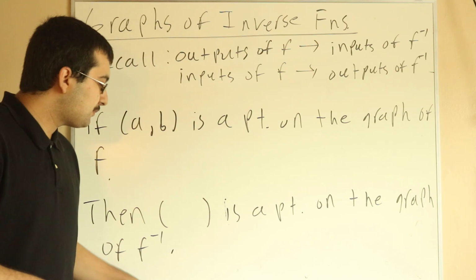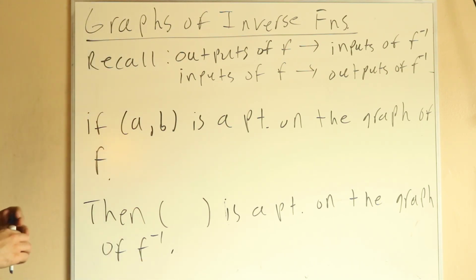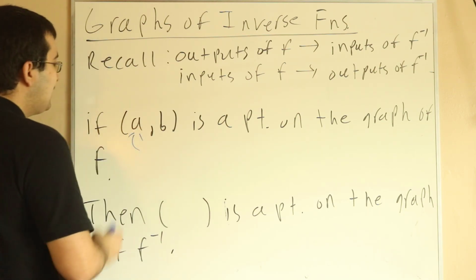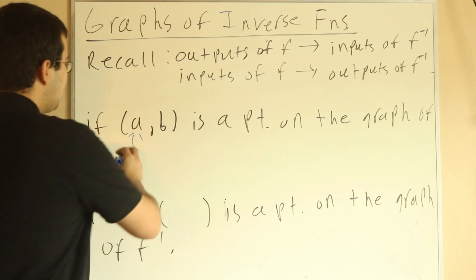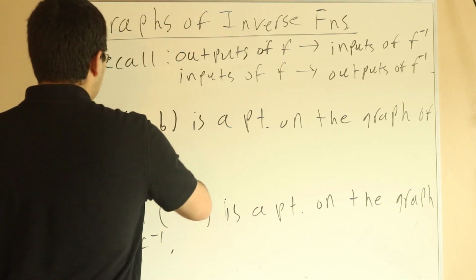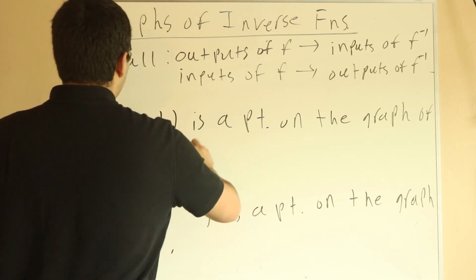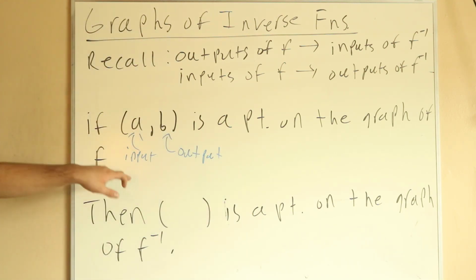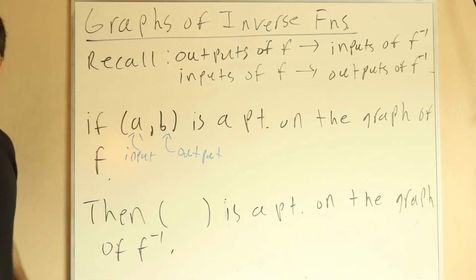Okay, so going back to it, we have this point (a, b). It's a point on the graph of f, right? And we remember that for all points, the x value is our input and the y value is our output. So if I input a into f, I'll output b.